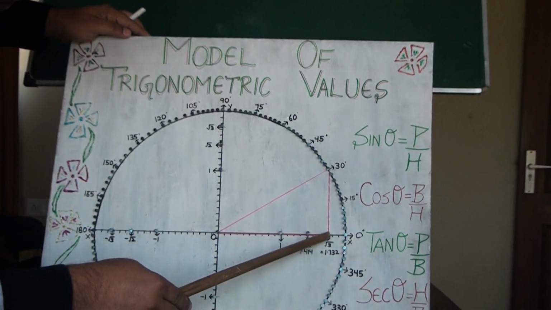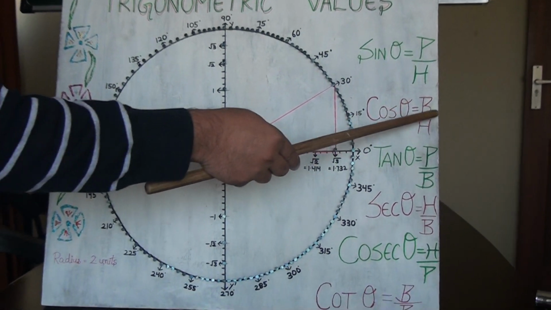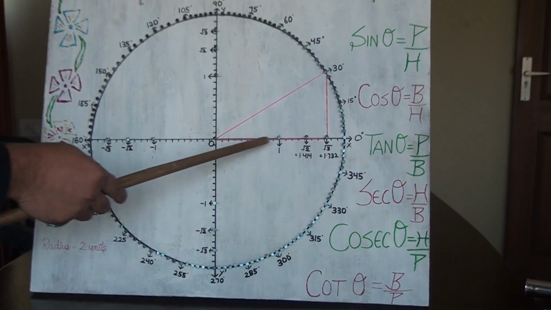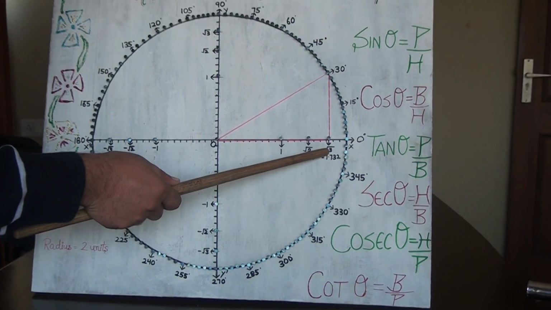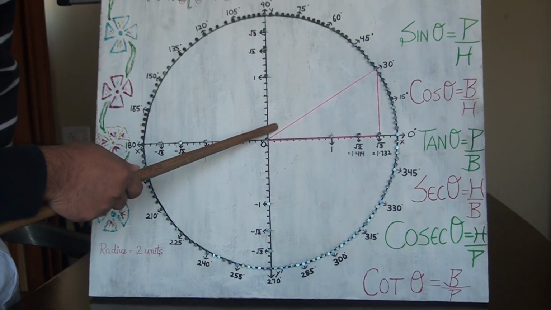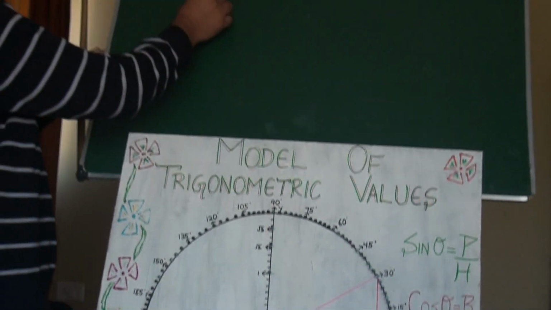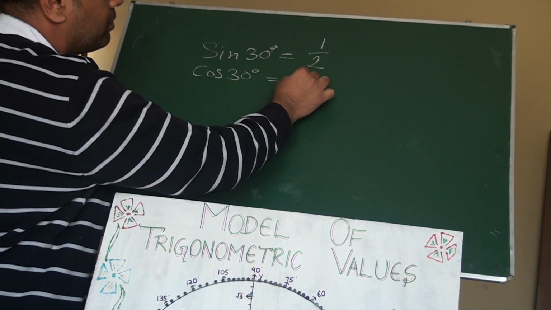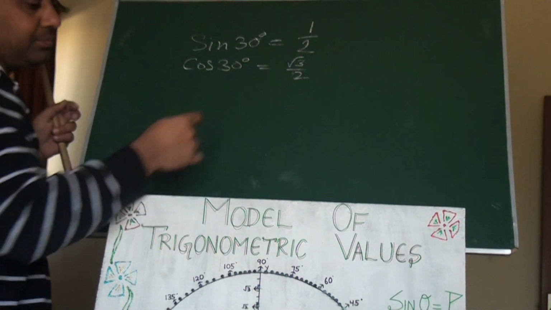Similarly, cos theta is equal to base upon hypotenuse. The base is equal to root 3 units and the hypotenuse is equal to 2 units. Therefore, cos 30 is equal to root 3 upon 2.